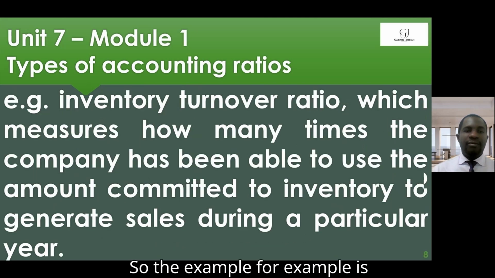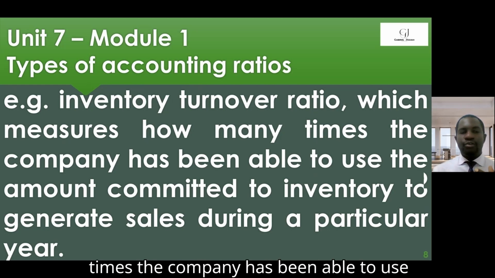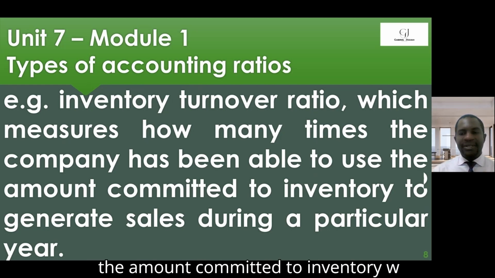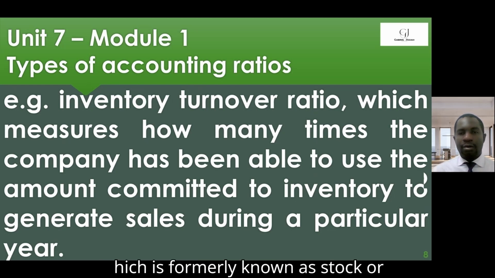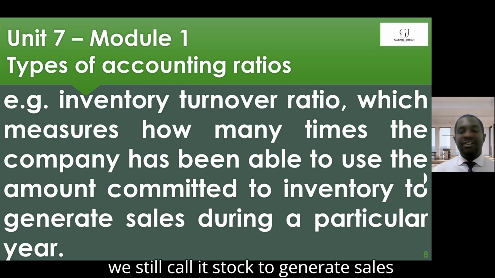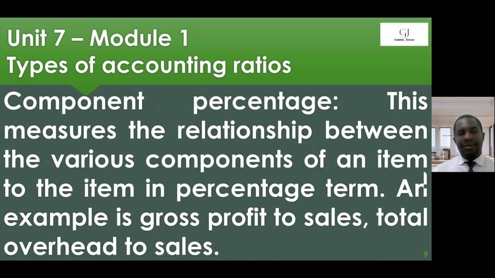The example we're looking at is the inventory turnover ratio. It measures how many times the company has been able to use the amount committed to inventory, formerly known as stock, or we still call it stock, to generate sales, which is revenue, during a particular period.